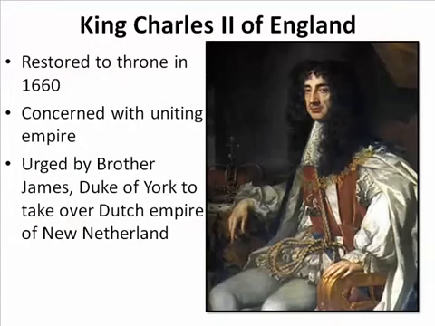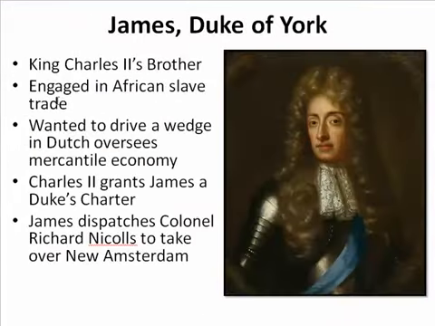But Charles II gives in to his brother, James, the Duke of York, who was engaged in the African slave trade. He did not like the Dutch, was competing against the Dutch, and James wants to drive a wedge in these Dutch overseas mercantilistic economy by taking over New Amsterdam, by taking over the New Netherlands, all the 7 provinces, New Amsterdam being the capital of that, and make it English.